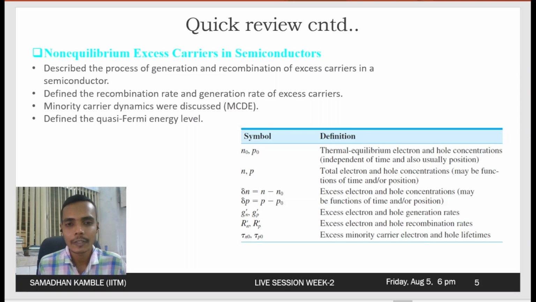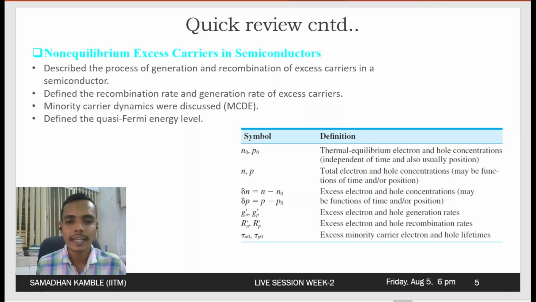So the excess electrons and excess holes that are generated because of an external excitation do not move independently of each other. These excess carriers diffuse, drift, and recombine with the same effective diffusion coefficient, drift mobility, and lifetime. And this is the phenomenon of ambipolar transport.